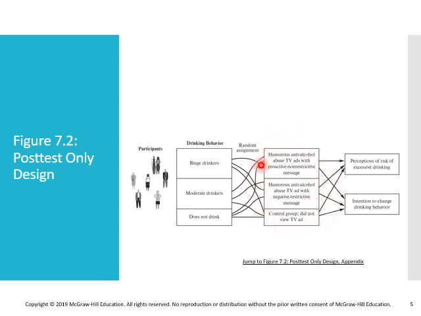So some people who are binge drinkers will come here and receive this condition, some will come here and receive this condition, and some of these binge drinkers will be allocated to this condition.